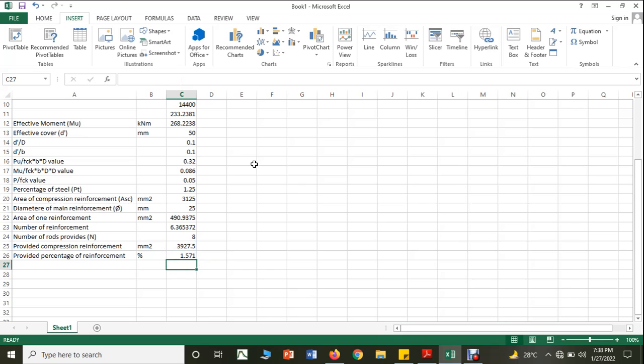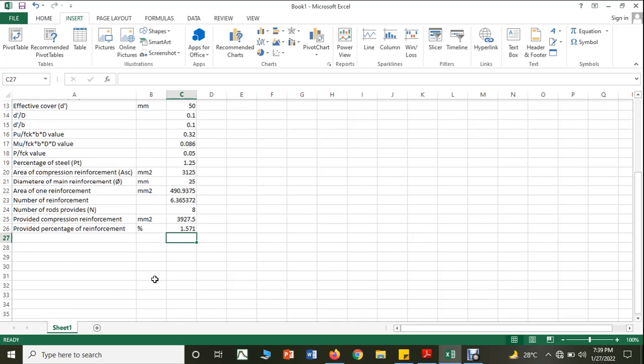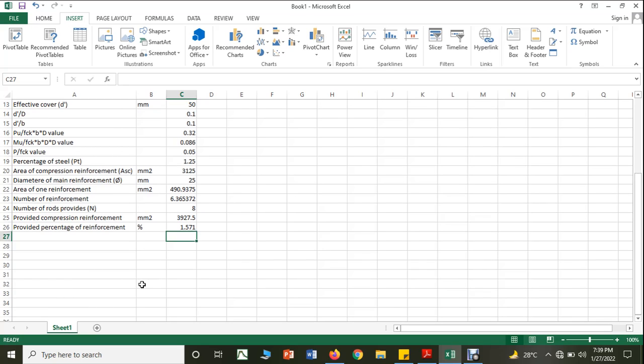So now we have to check whether the reinforcement we have provided is sufficient or not. We are supposed to check the reinforcement we provided, that is 8 numbers or 1.57%, whether it is sufficient or not. In order to do that, I am supposed to calculate the Mux1 value. In order to calculate Mux1, I need Pu by fck bd and I need p by fck.